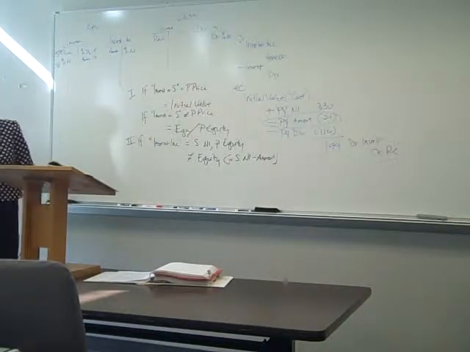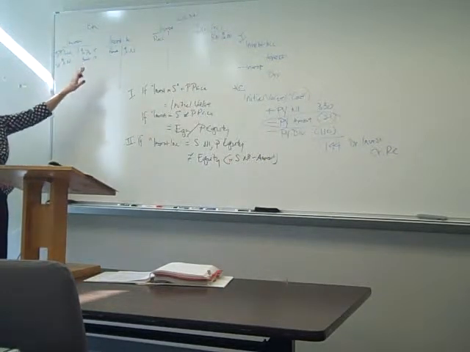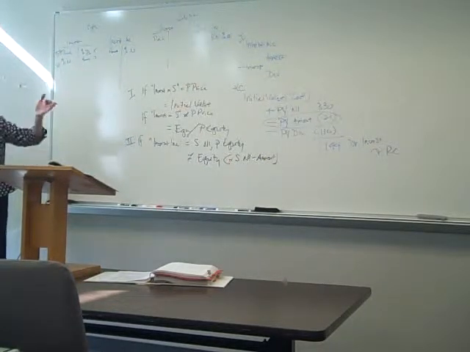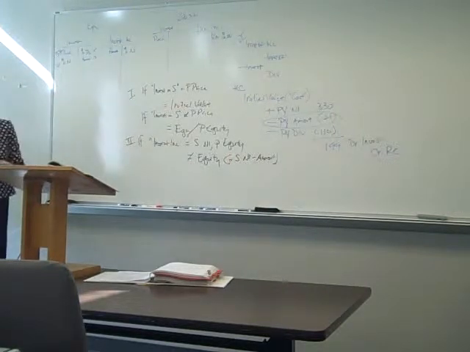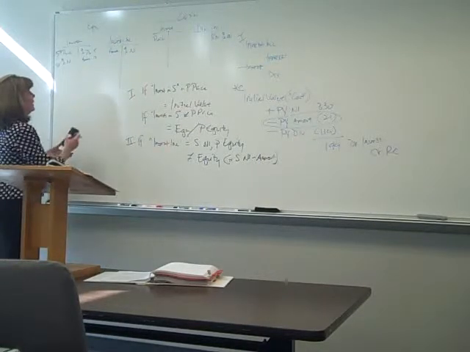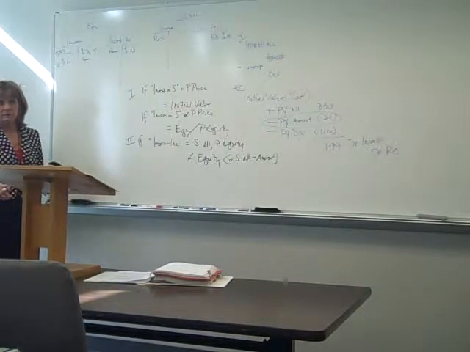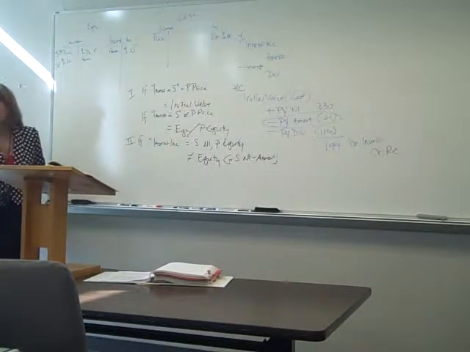Under the equity method then, 574 plus 20 minus 5 minus 12 is 577. Then they ask, what would it be under partial equity? We wouldn't have that, so 589.